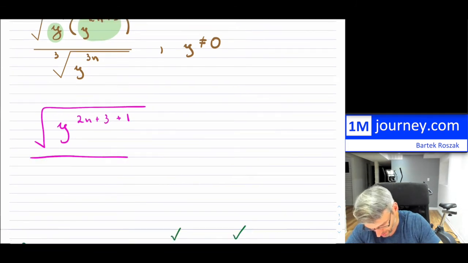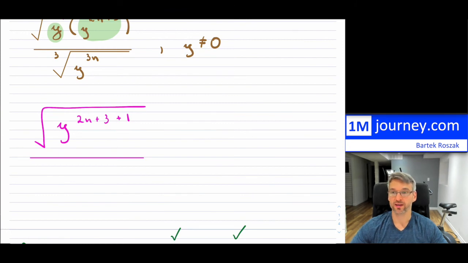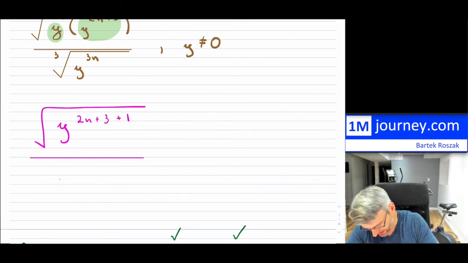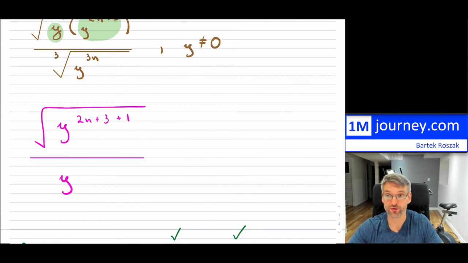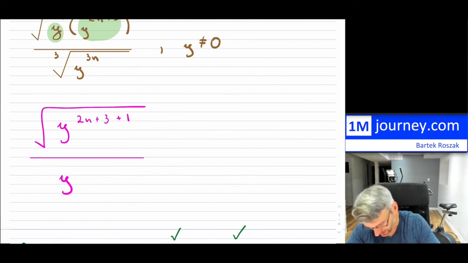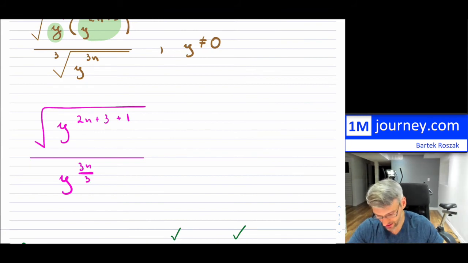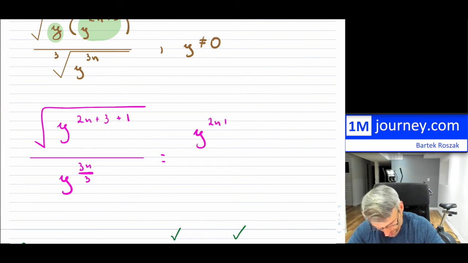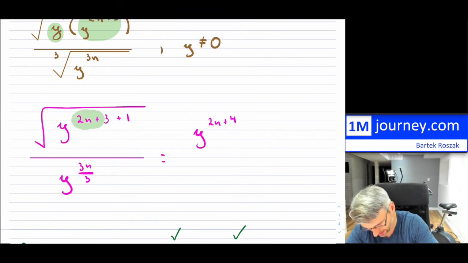Then at the bottom, right there, this one is interesting, but I'm going to switch the radical because it's the third root, it's the cubic root. Okay, and so that's going to go right here underneath, and that's going to help me quite a bit. So let's simplify this now. y to the 2n plus 4. Okay, so that's just adding these.